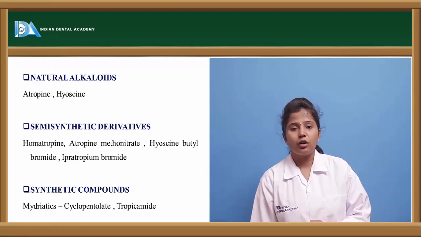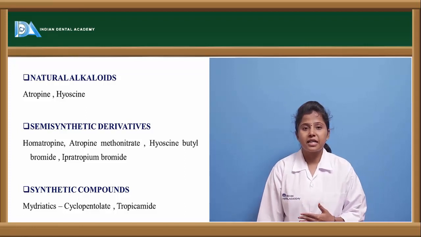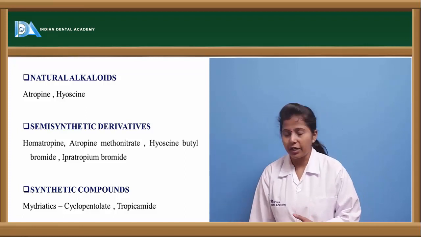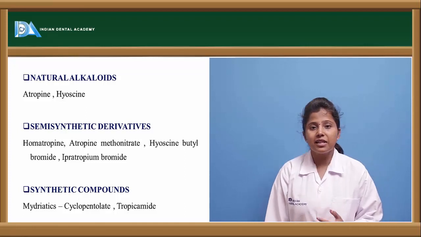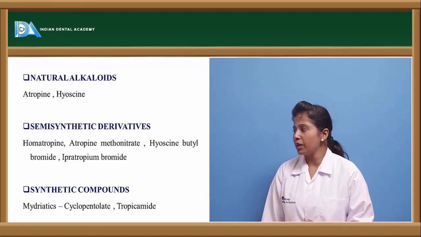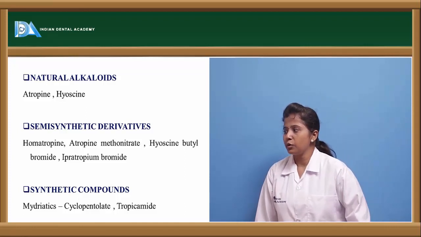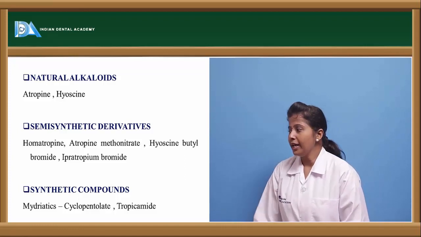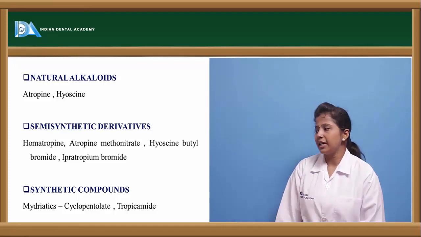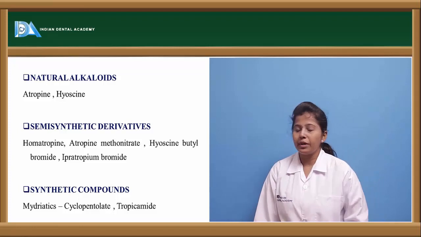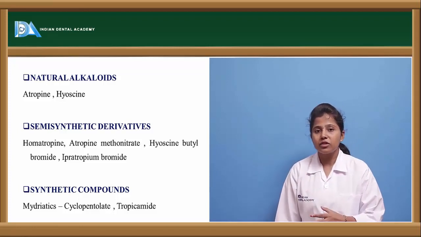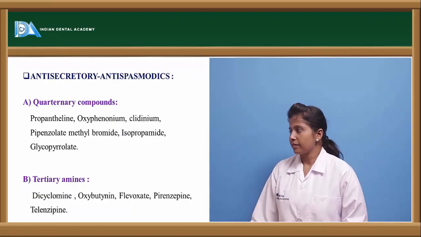The natural alkaloids of anti-muscarinic drugs are atropine and hyoscine, and there are semi-synthetic derivatives also, like homatropine, atropine methonitrate, hyoscine butyl bromide and ipratropium bromide, and synthetic compounds like cyclopentolate and tropicamide. These are mainly used in mydriasis.